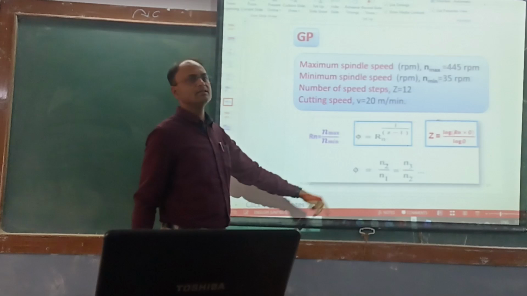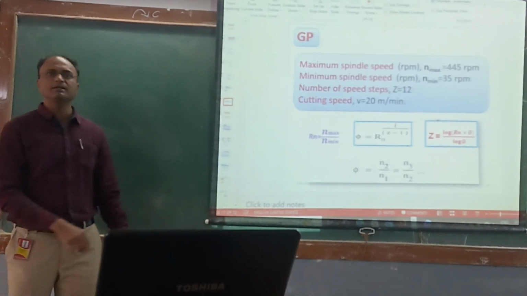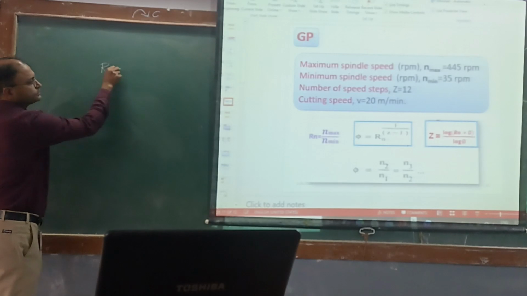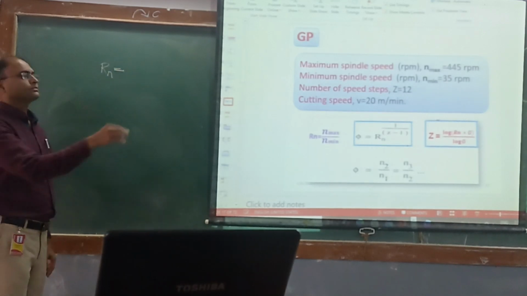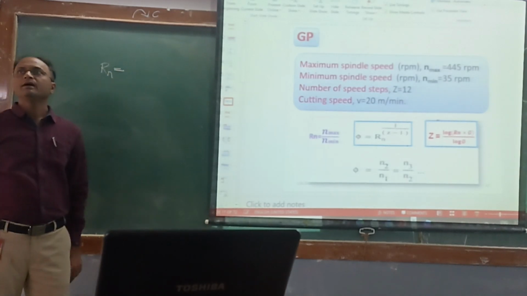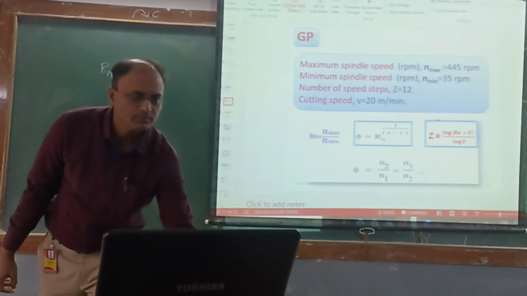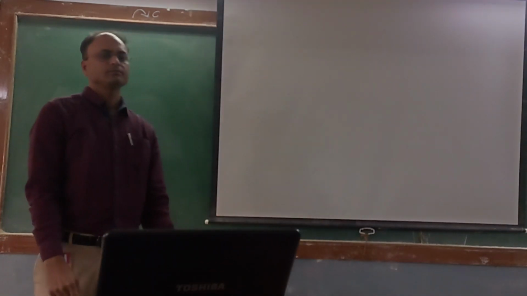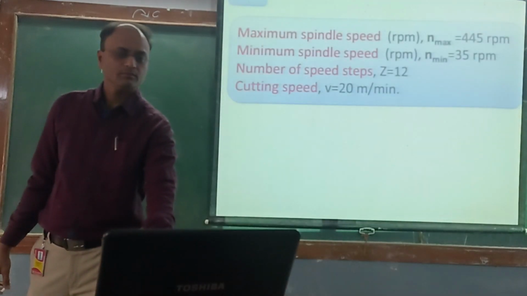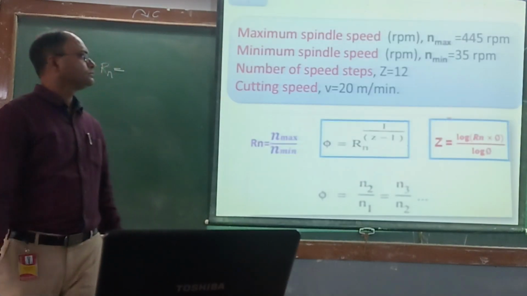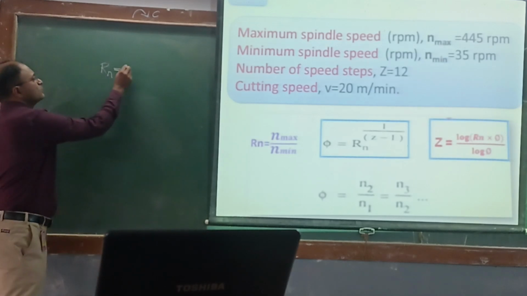So range ratio Rn is equal to, you have to calculate that. All of you take out calculators. Range ratio Rn is equal to N max divided by N min.